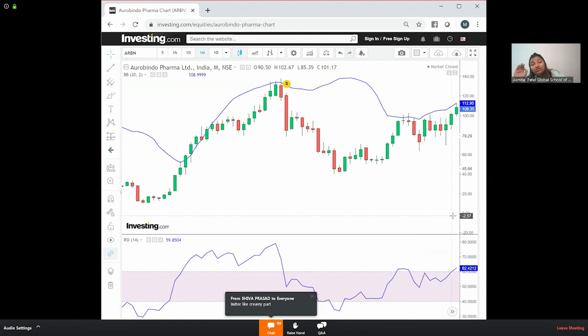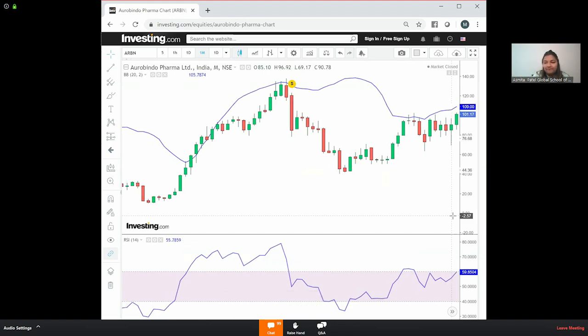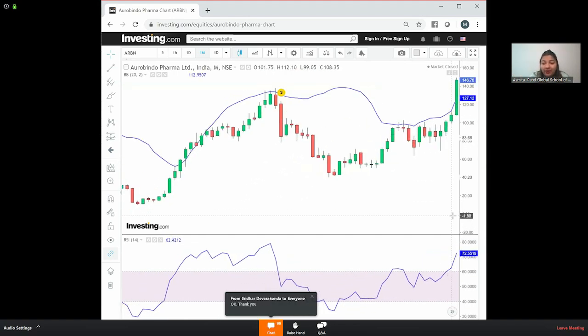Which company is this? Relaxo. Somebody messaged Relaxo, so I just clicked Relaxo here. Then we will not trade this. We will again trade this move. And then we'll trade this move. Did you trade the creamiest part of the stock?